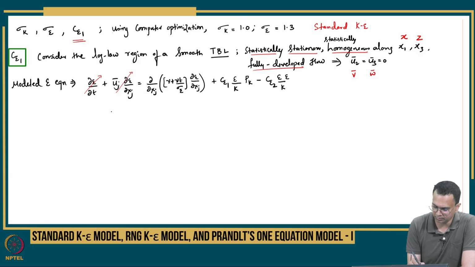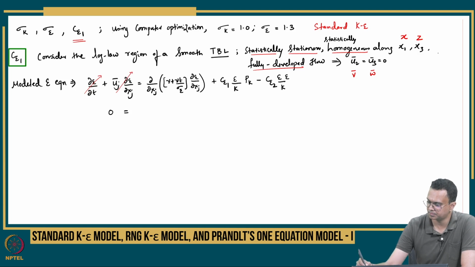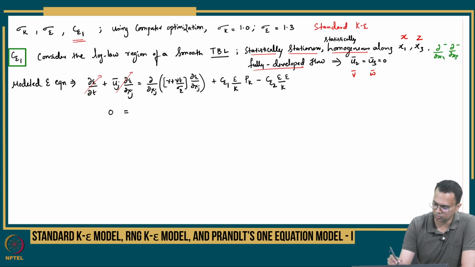So I would get 0 equal to, here dou by dou x1 and dou by dou x3 terms go away, again due to statistically homogeneous flow. So dou by dou x1, dou by dou x3 of these average terms go away.